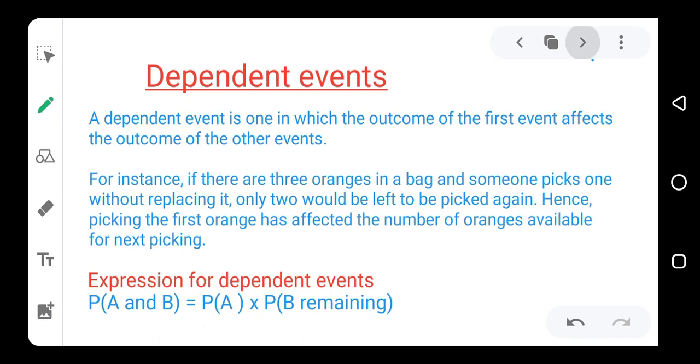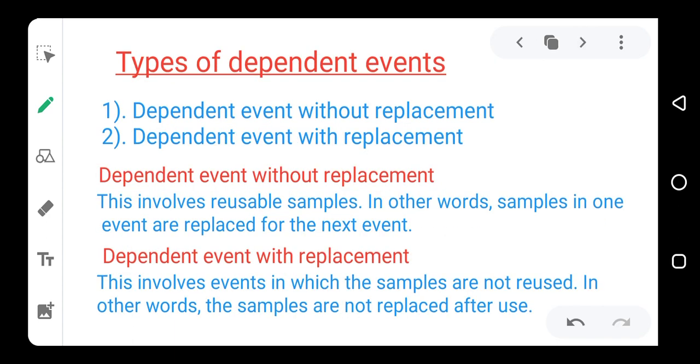Now let's look at types of dependent events. We have two types of dependent events. We have dependent events without replacements, and dependent event with replacements.